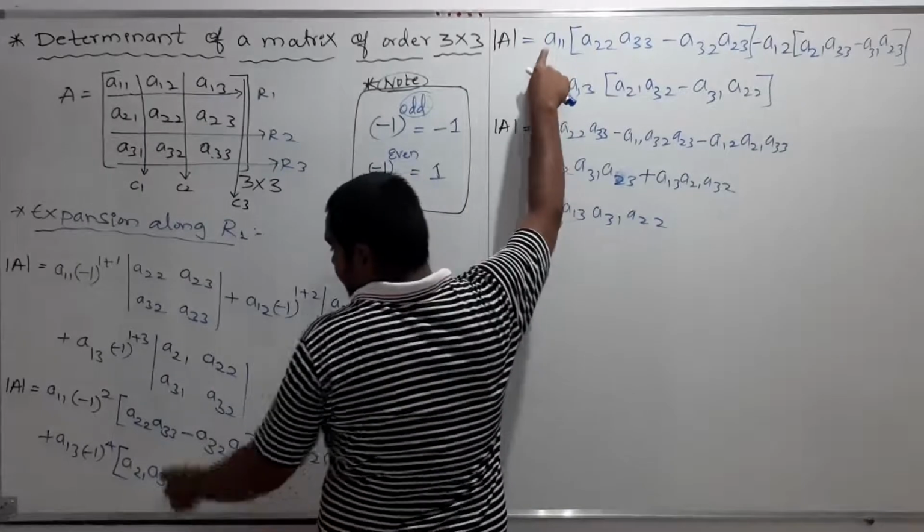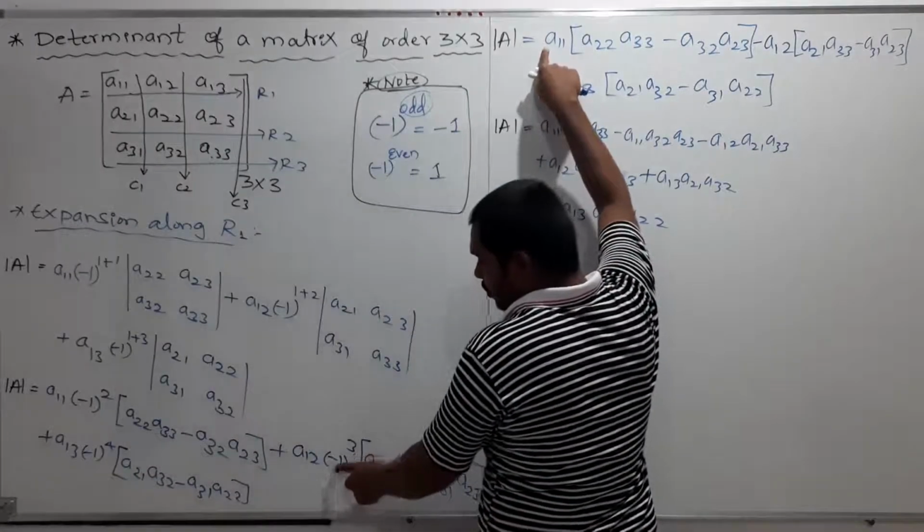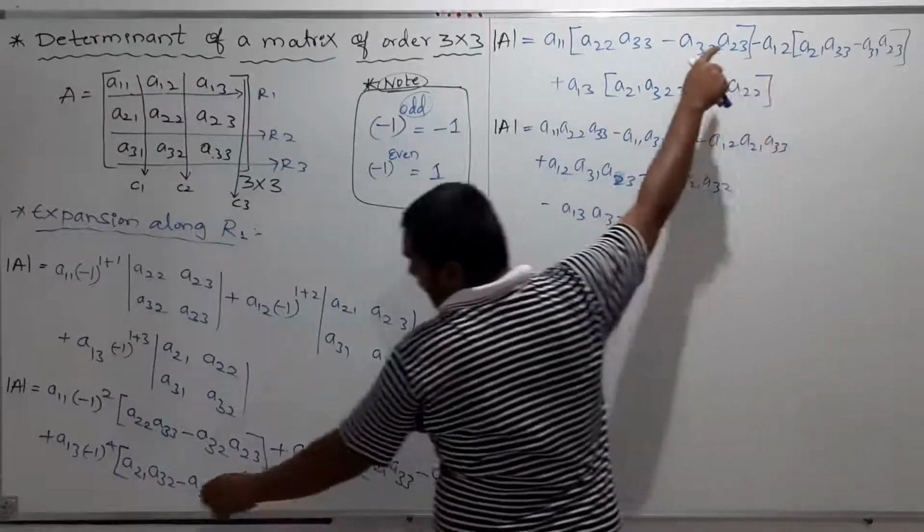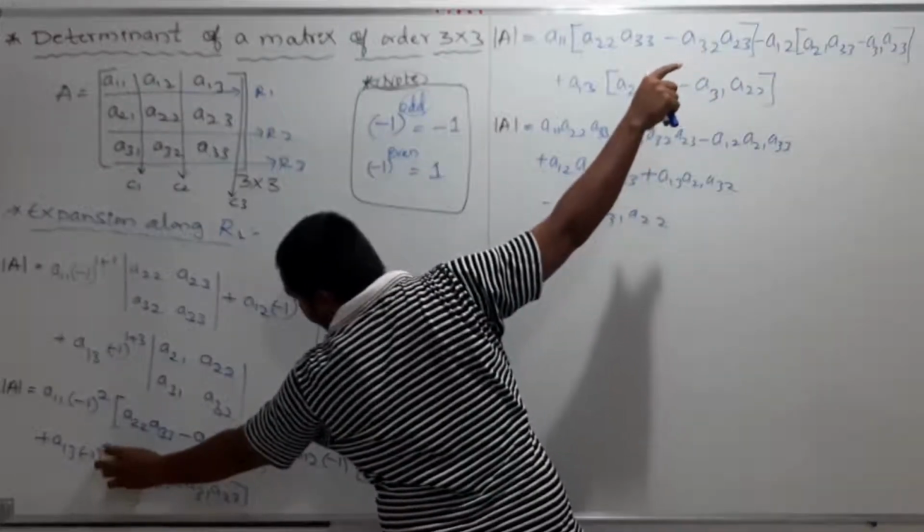So in short, if you are expanding along row 1, just observe: minus 1 whole square becomes plus, here it is plus. But minus 1 whole cube is minus, so here you got minus. Again minus 1 whole to the power 4 is plus.